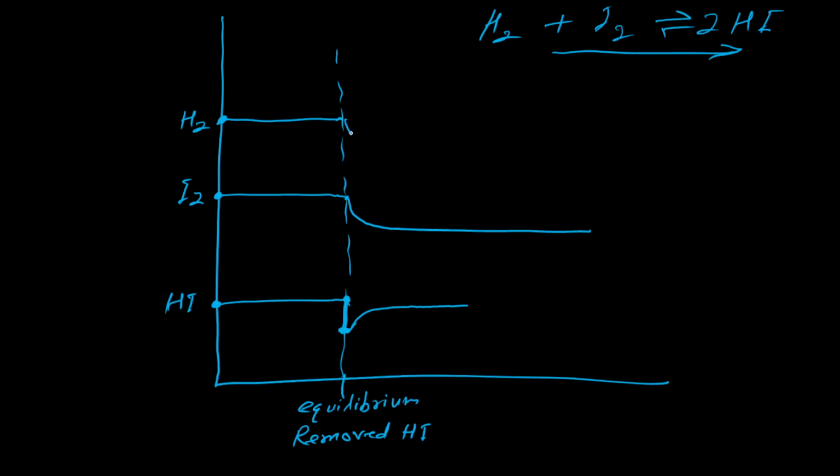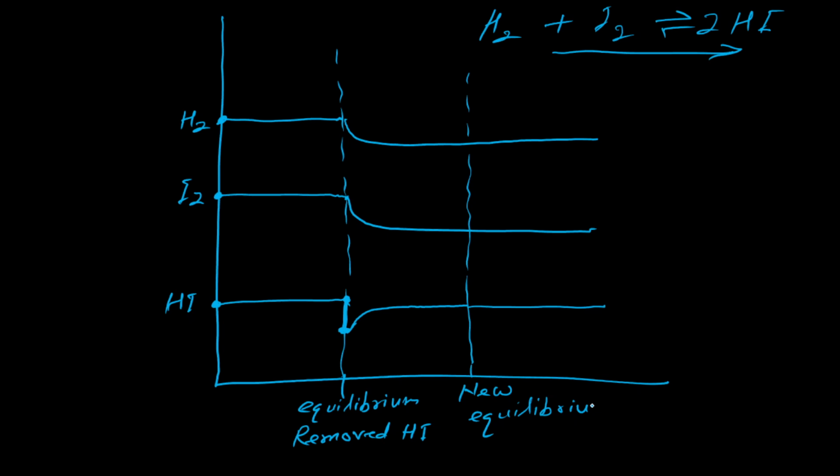H2 will also get consumed because reaction is going in forward direction. So they will attain another equilibrium somewhere here. New equilibrium. Kc here and Kc here will remain same.